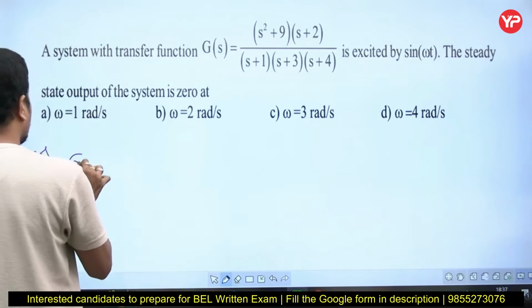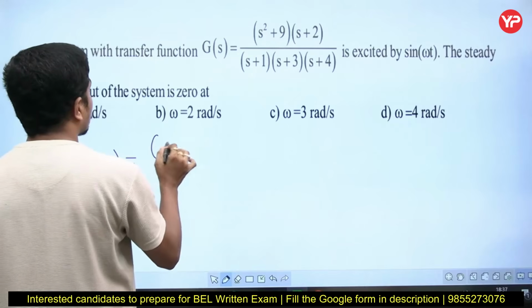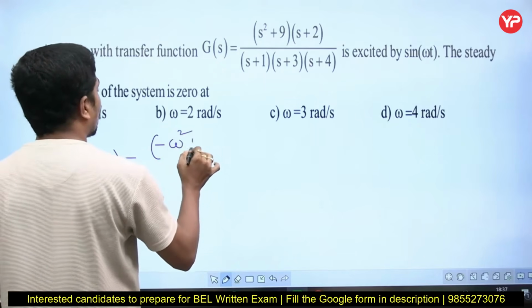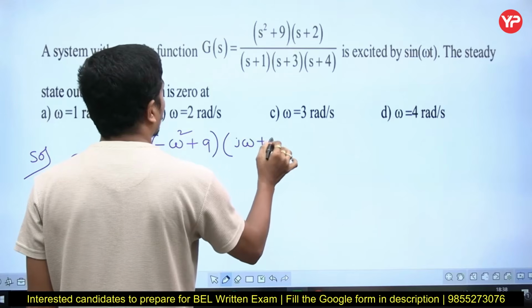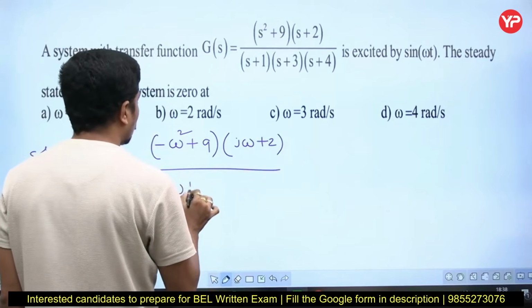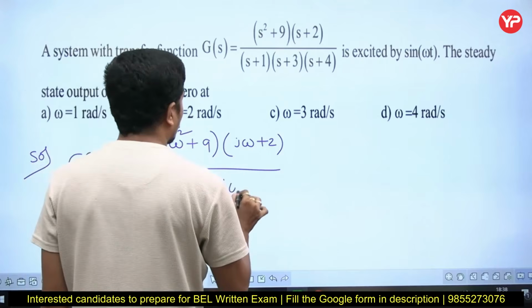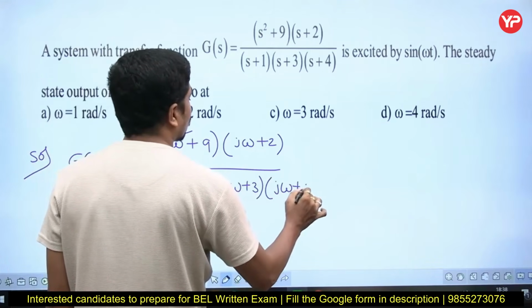Now I am writing here G of j omega is equal to (minus omega square plus 9) into (j omega plus 2) by (j omega plus 1) into (j omega plus 3) into (j omega plus 4).